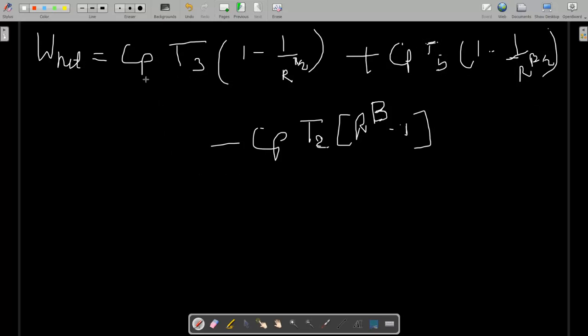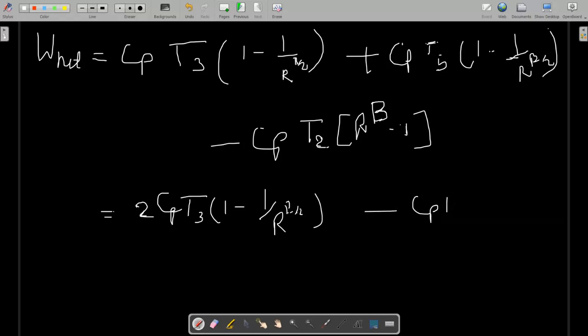So I can write this term as 2 times Cp T3 into 1 minus 1 upon R raised to B by 2, minus Cp T2 R power B minus 1. Okay, so this is the W net.